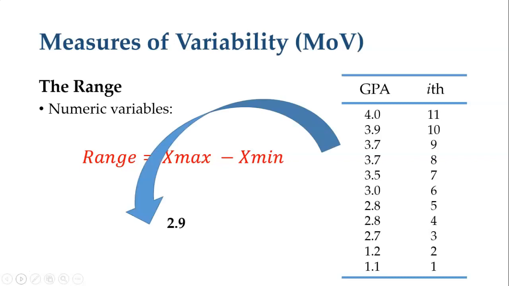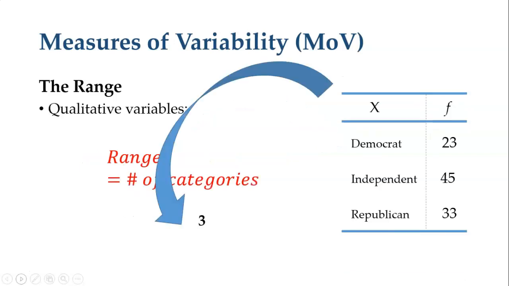And what we have here is that the range of potential GPAs in this school is 2.9 in the GPA scale. If we have a qualitative variable, the range is the number of categories of that variable.